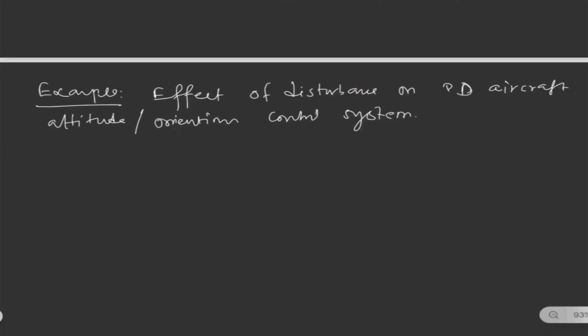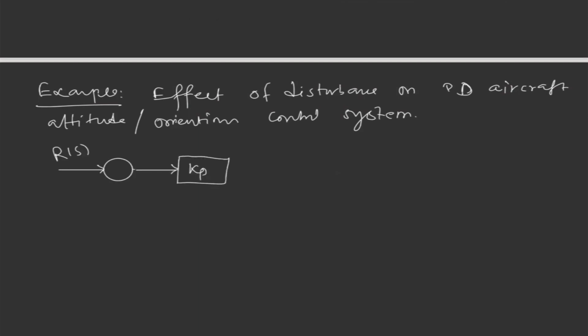Let's have the following block diagram. We have a summing point here, and we have the reference input R of S, and we'll look at the modified PD control attitude system.